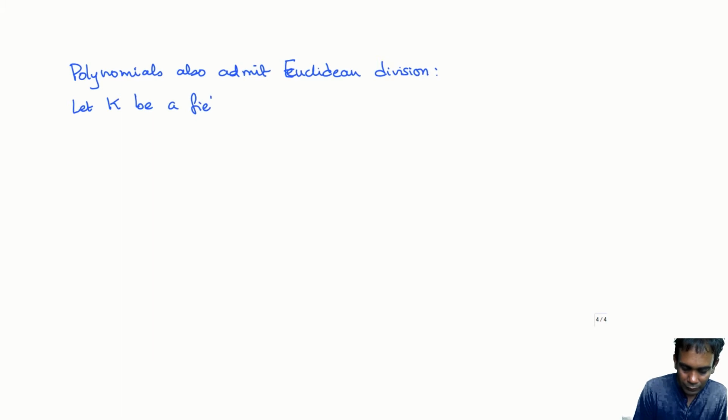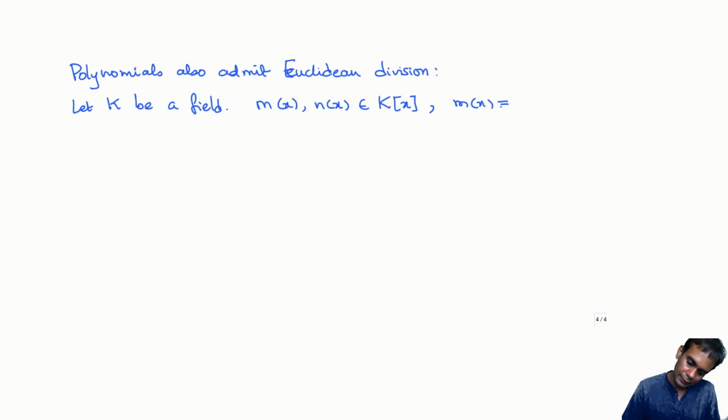You can take your favorite field: real numbers, complex numbers, rational numbers, whatever you like. And let's take m(x), n(x) in polynomials in x. And we'll assume as before that m(x) is not identically 0.